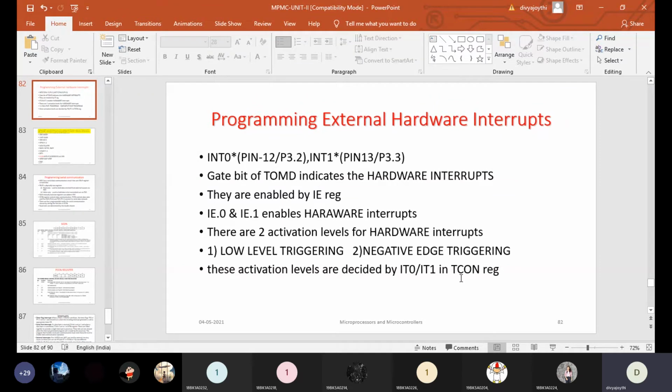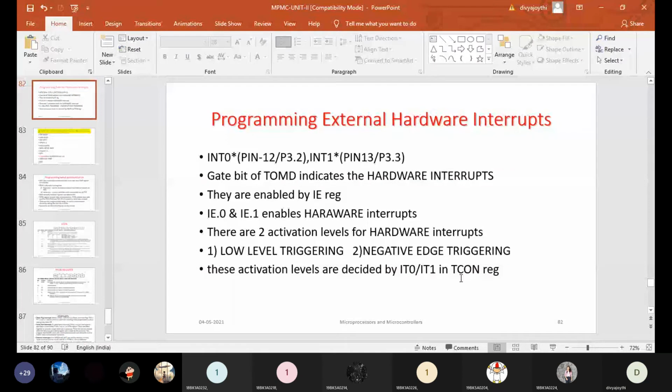This IE register is also an 8-bit register, and in it, IE.0 and IE.1 represent external hardware interrupt 0 and external hardware interrupt 1. That means to program the external hardware interrupts, we need to make use of the TMOD register as well as the IE register.